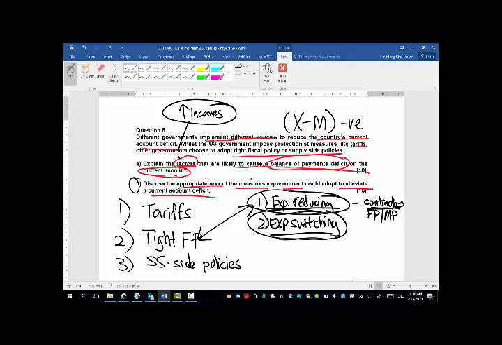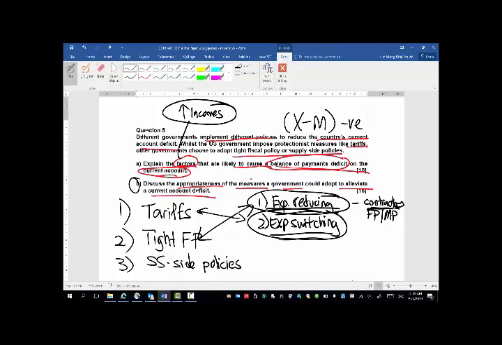So you probably want to perhaps consider the use of tariffs, because when you impose tariffs, what happens? Imported goods become more expensive. All right, and if you compare to domestically produced goods, domestically produced goods might become more attractive, cheaper. That's the intent.